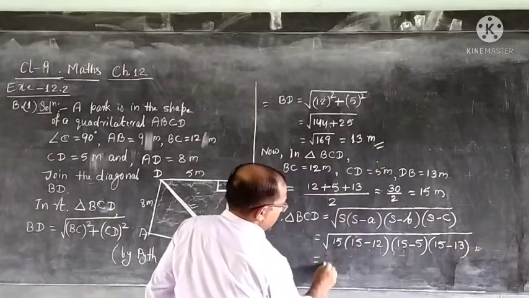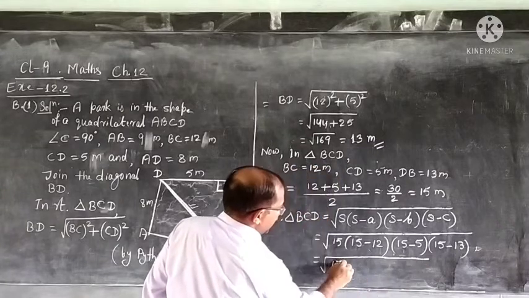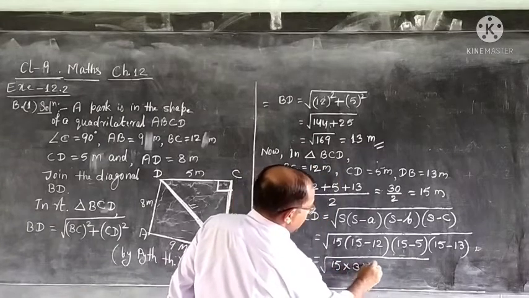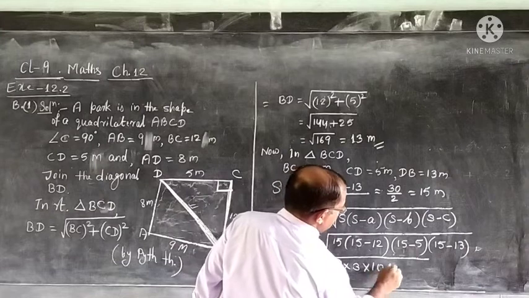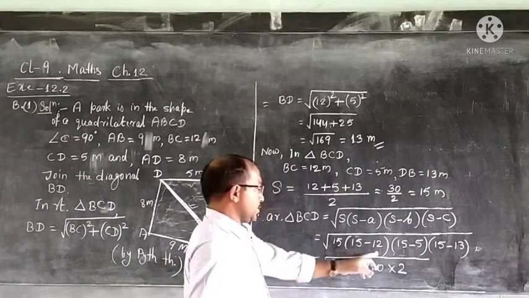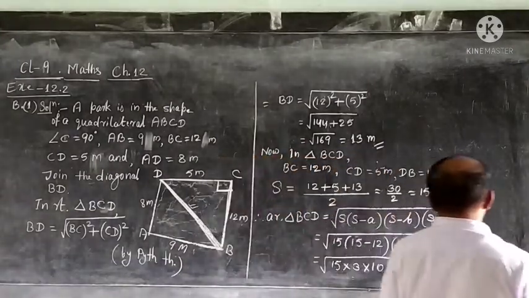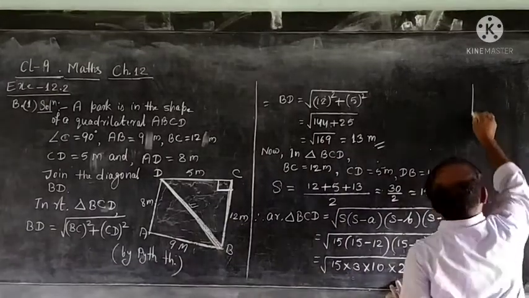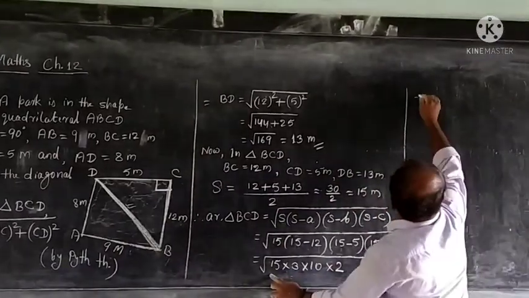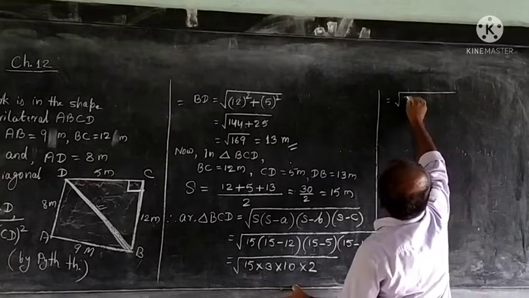So, we get root 15 into 3 into 10 into 2: 15 minus 12 is 3, 15 minus 5 is 10, 15 minus 13 is 2.